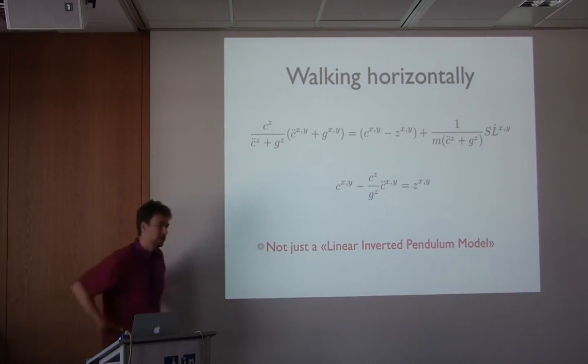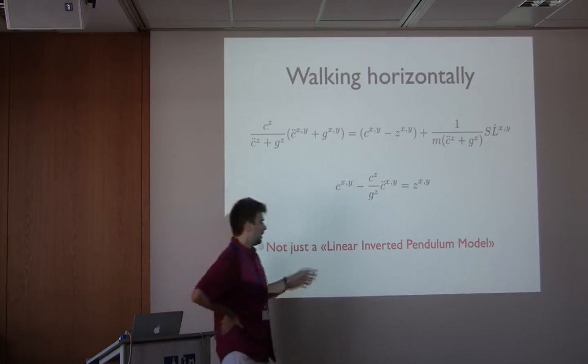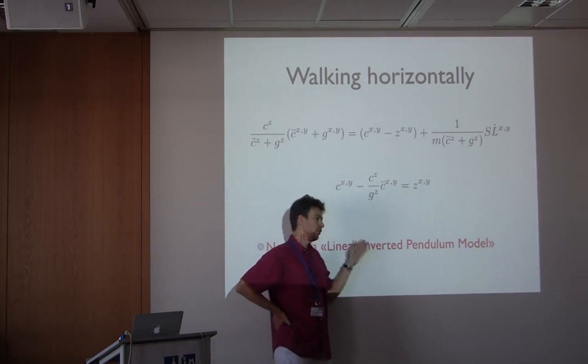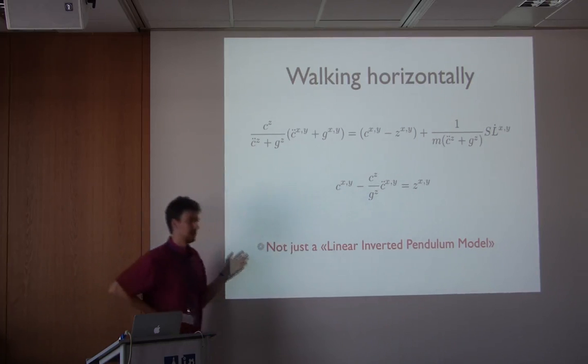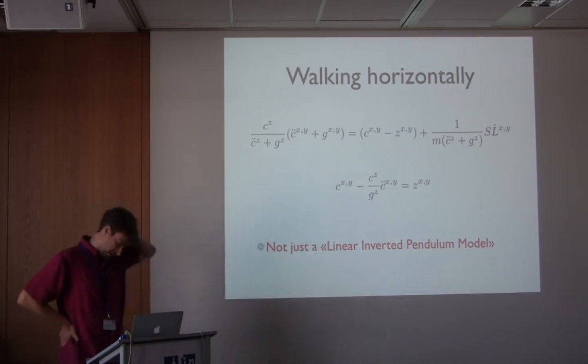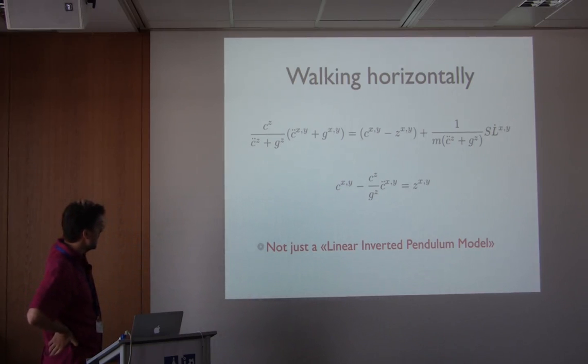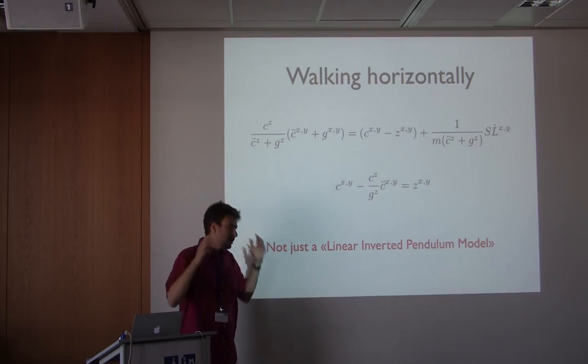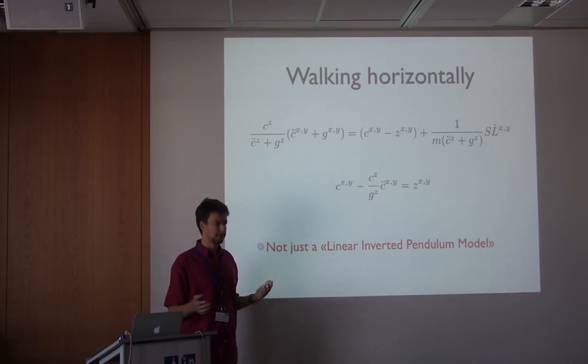It happens to be equivalent to the equation of an inverted pendulum when you linearize it. So it is often called the linear inverted pendulum model. But you can see that it's not just a linearized equation of an inverted pendulum.